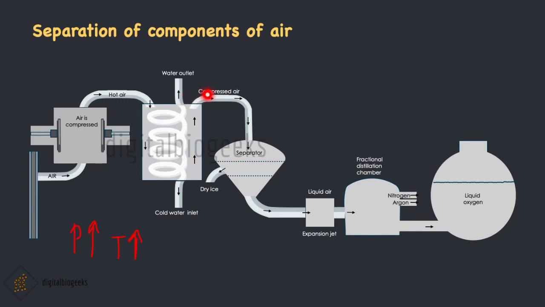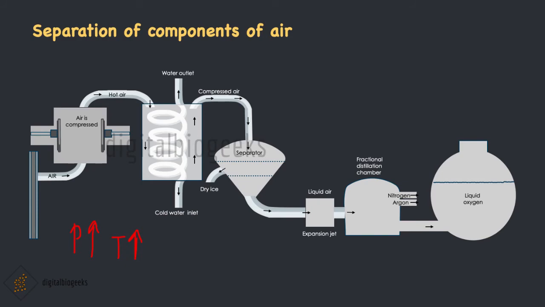This cooled compressed air is then passed through a pipe to the next chamber. Here there is a separator. Here the air gets expanded. When the volume increases, we know that the pressure will come down, and as a result, the temperature comes down. Here the already cooled air is expanded and the temperature again goes down.